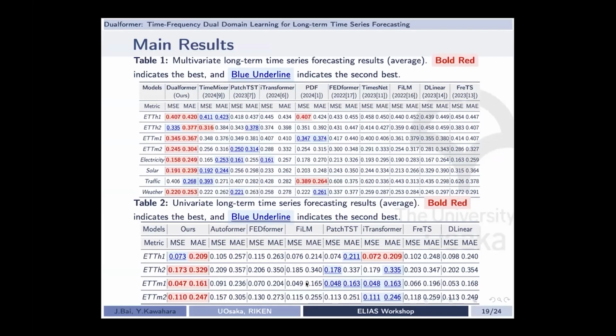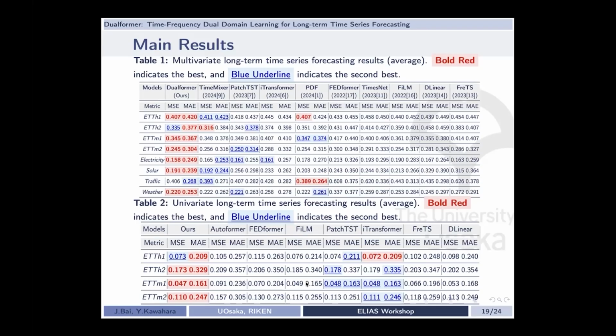One thing I forgot to mention is that for this long-term time series forecasting problem, we follow a very common setting where the input length, or the lookback window size, is fixed as 96, and the prediction horizon is always 96, 192, 336, and 720, something like that.